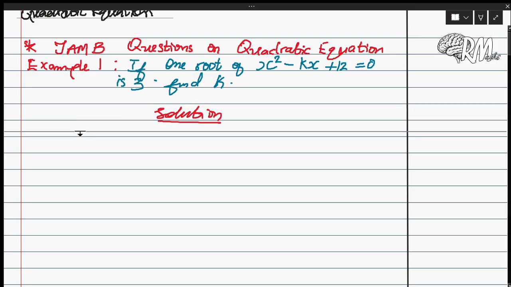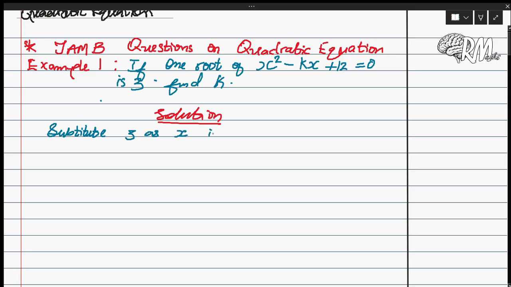This is very simple. What we just have to do is to substitute 3 as x in the equation.